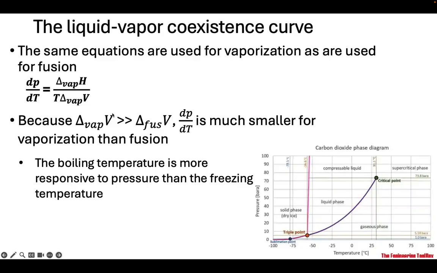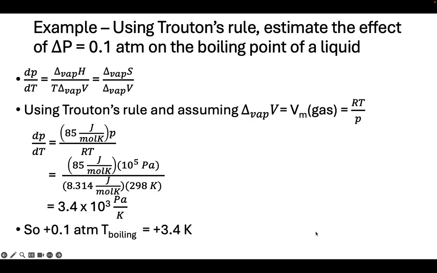Let's look at an example of just estimating the slope here. So we're going to use Trouton's rule that we talked about for the delta S being about the same for a wide variety of materials, and we're going to estimate the effect of changing the pressure by 0.1 atmosphere on the boiling point of any liquid that's similar to following Trouton's rule.